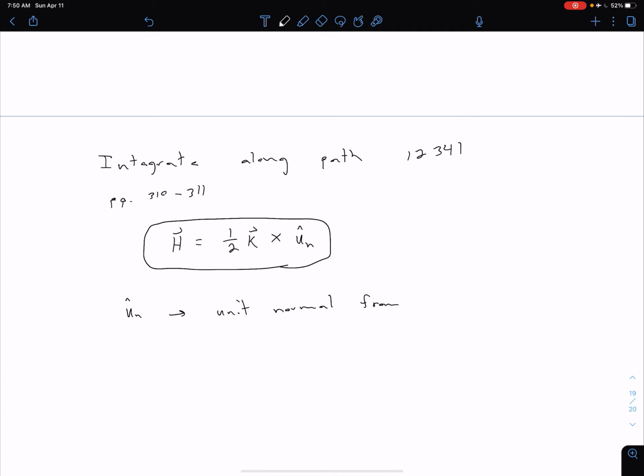What that tells us, as we saw above, is that H is going to be in a different direction depending on which side of the sheet we're on to our point of interest, and we're going to come back later and look at an example to get a feel of what this actually looks like.